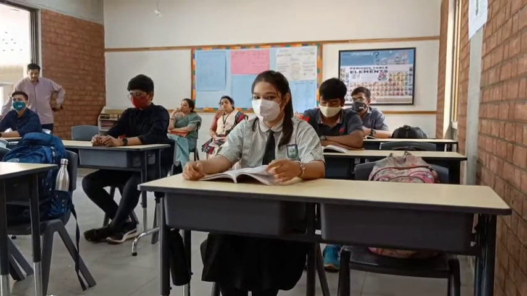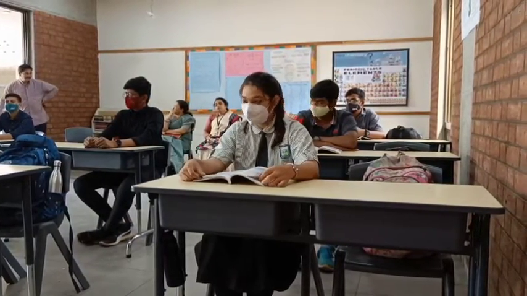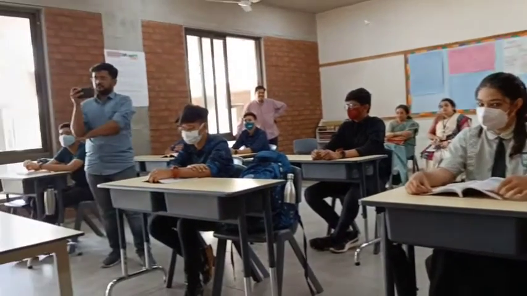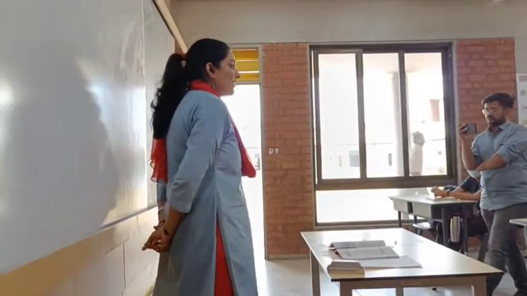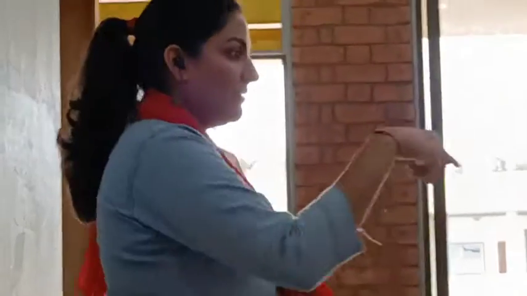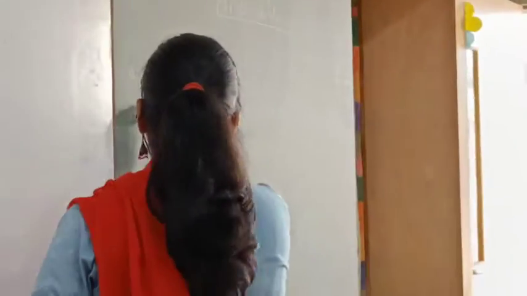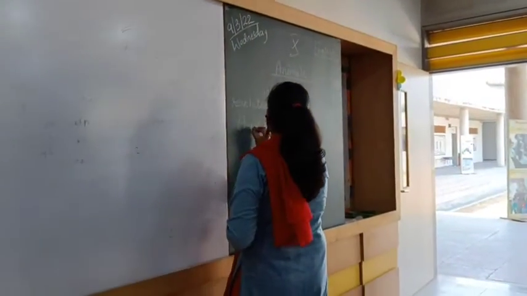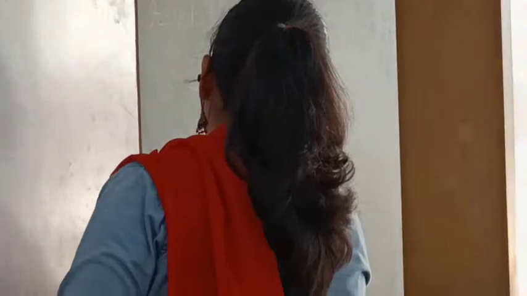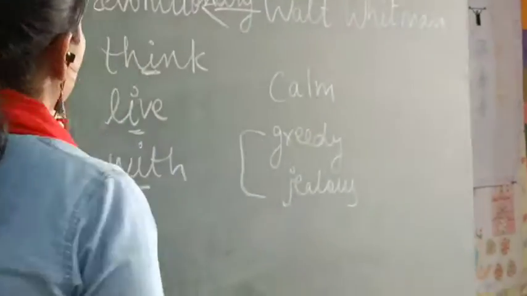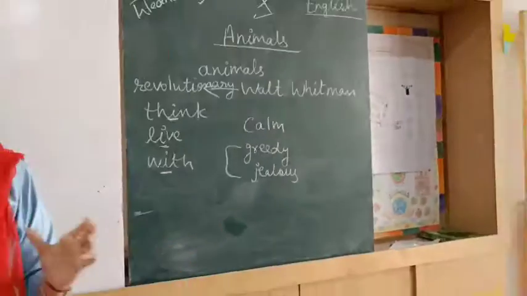Okay? So there are some figures of speech in these initial 3 lines. Can you tell me? There is a repeating of the vowel sound I in some of the words: think, live, with, right? So the repeating of the vowel sound I is called assonance.